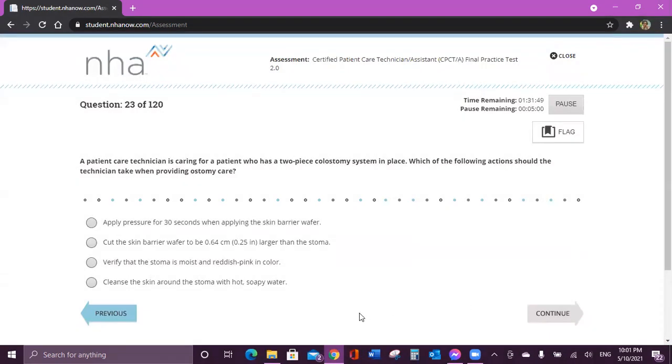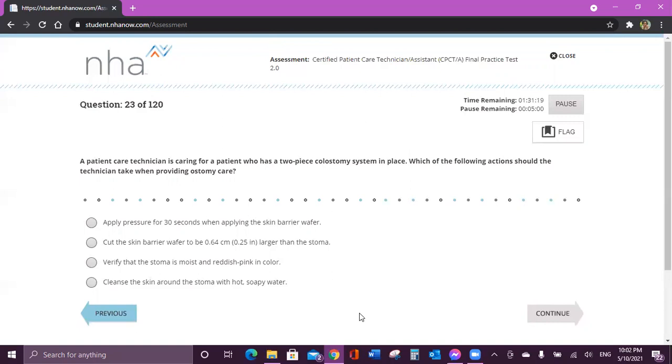A patient care technician is caring for a patient who has a two-piece colostomy system in place. Which of the following actions should the technician take when providing ostomy care? Apply pressure for 30 seconds.